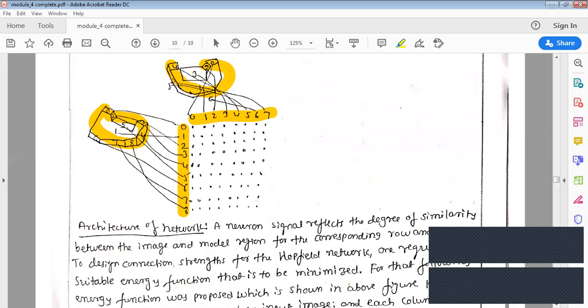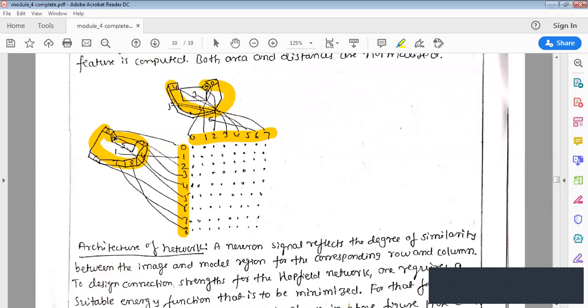Whether the shape 2 I am showing is similar to the shape 0 I am showing or not. Participate in this discussion. See here, this is 2 vertically downwards, this is horizontal, therefore they are not similar. But 0 of this pattern is very similar to 0 of this pattern. What I am effectively telling is whether this one will exactly map with this one or not.